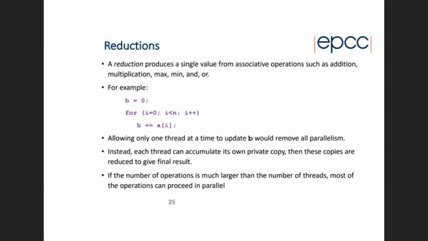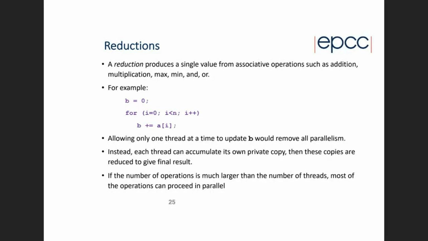Clearly, there's an obvious solution here. Instead, each thread can accumulate its own private copy, and then at the end of the loop, those private copies are reduced, so in this case, added together to give the final result. Provided the number of iterations in the loop is much bigger than the number of threads, almost all those operations can proceed in parallel.